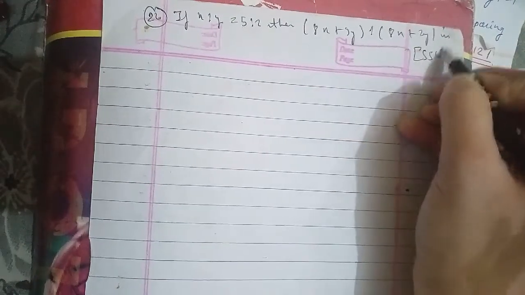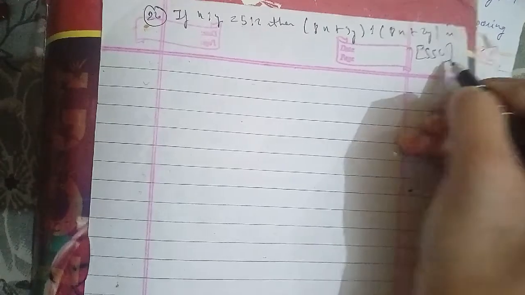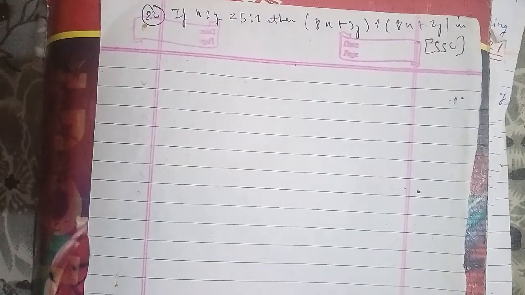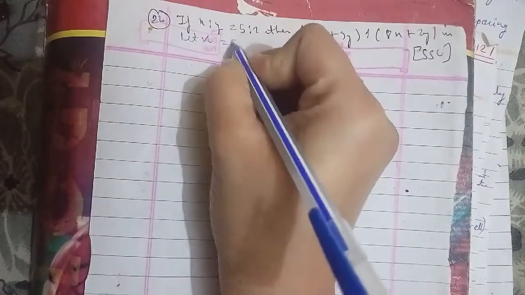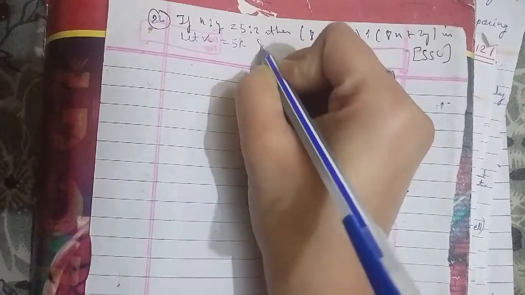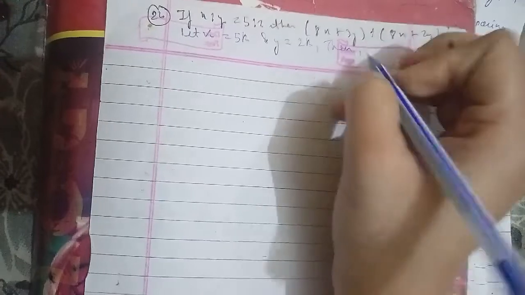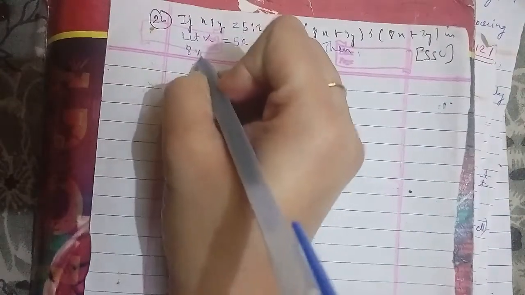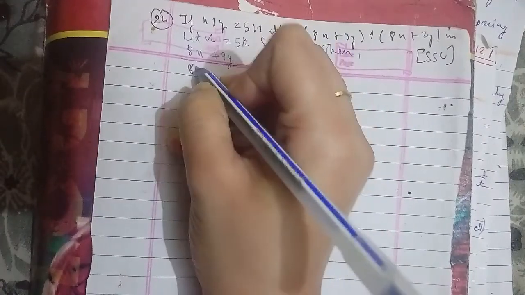Then 8x plus 9y whole upon 8x plus 2y equals 8 into 5k plus 9 into 2k whole upon 8 into 5k plus 2 into 2k equals 58k upon 44k here, which equals 29 upon 22.